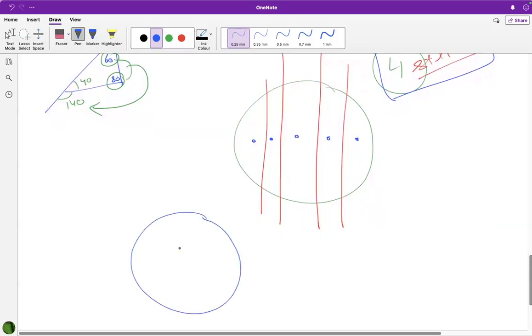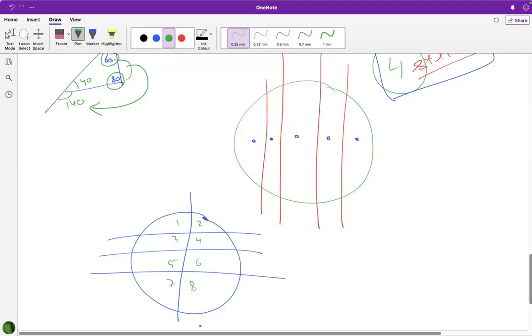5. It is more than 5. Just 4 chords. You can draw those lines any way you wish. 8.